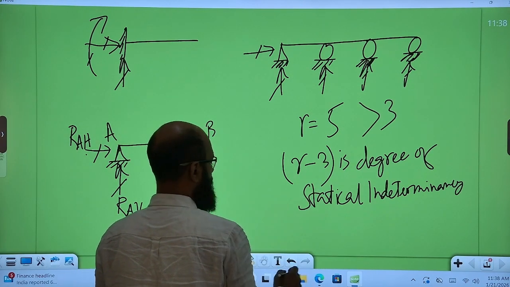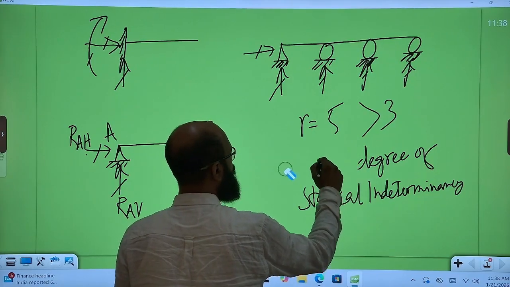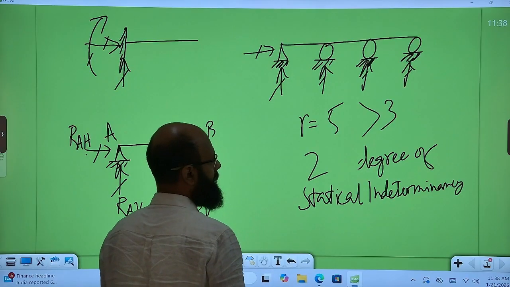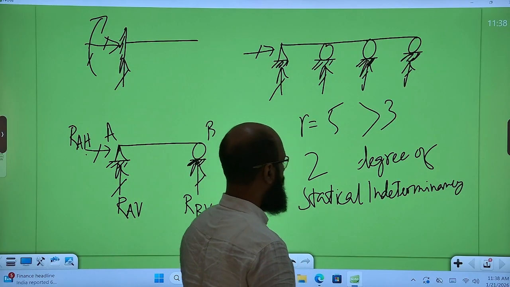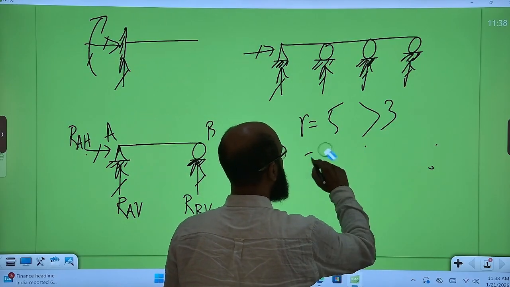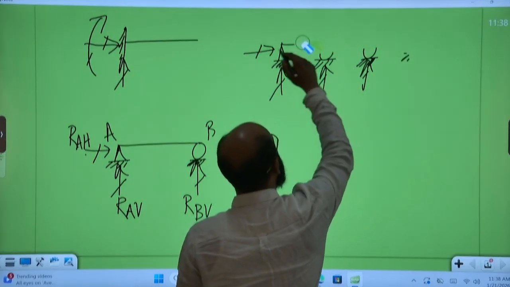So this structure is statically indeterminate to the 2nd degree. So this is the concept of statical determinacy and indeterminacy for the simplest forms of beams.